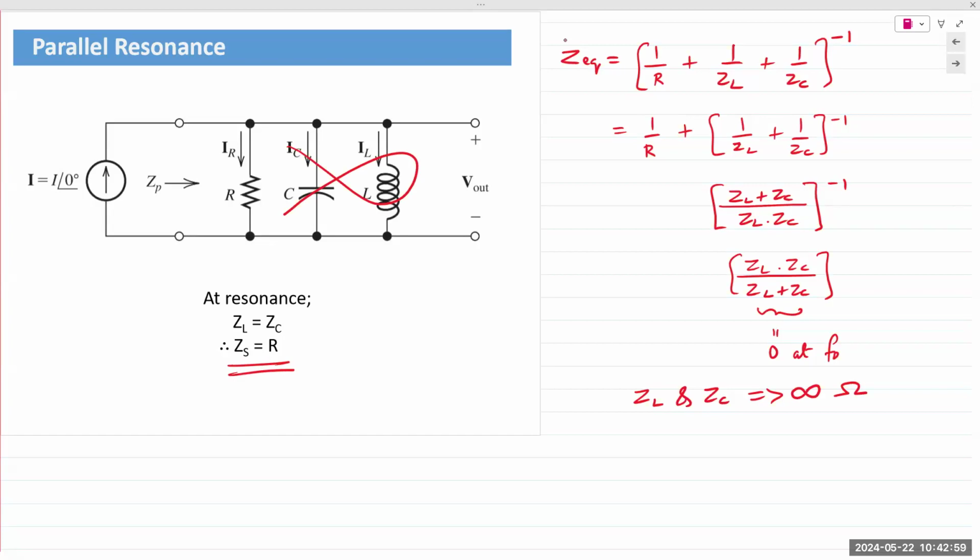Nothing is going down the inductor or the capacitor. It's the effective combination. So in a series resonant circuit at resonant frequency, the effective combination of ZL and ZC goes to 0. In a parallel circuit, the effective combination of inductor and capacitor goes to infinity. And hence they both work as a bandpass filter.